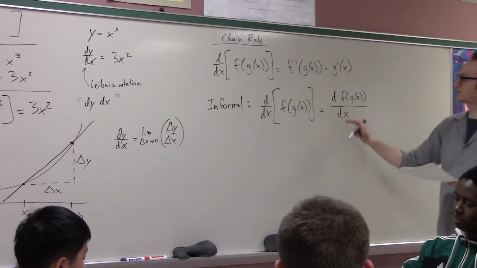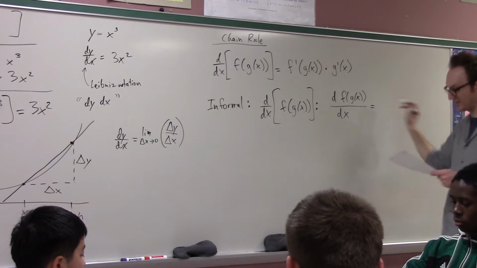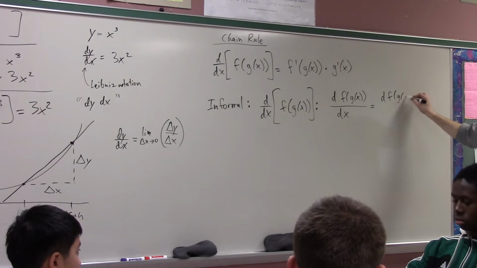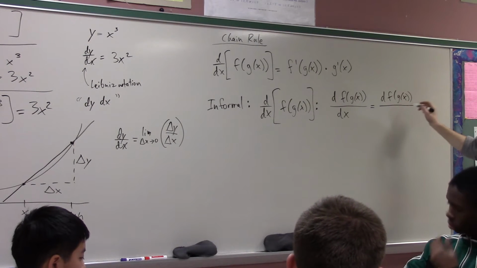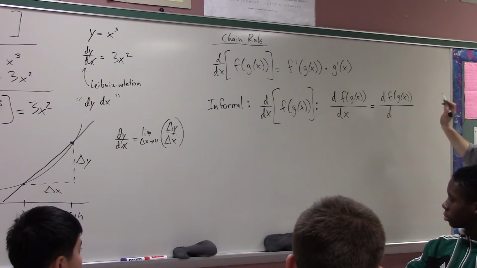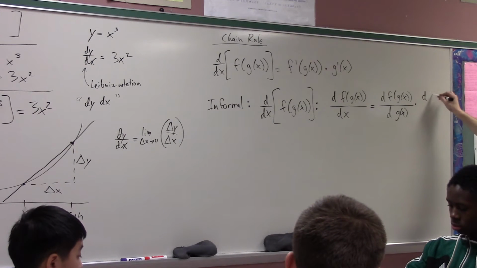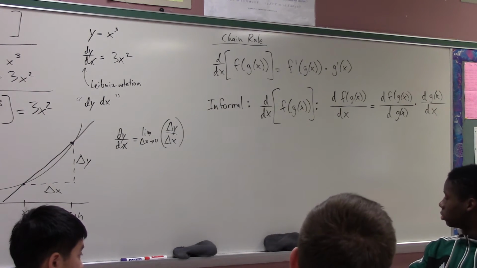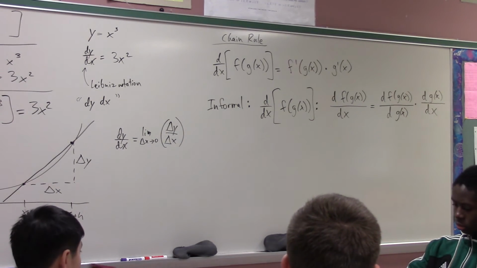The way of thinking about this is that it's the rate at which f of g of x is changing with respect to g of x, times the rate at which g of x is changing with respect to x. That is what the chain rule tells us.